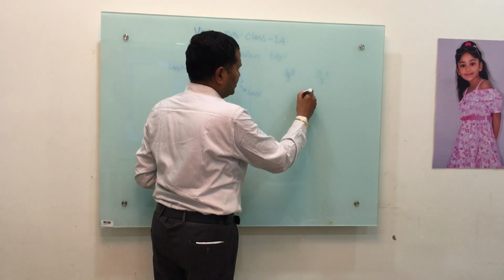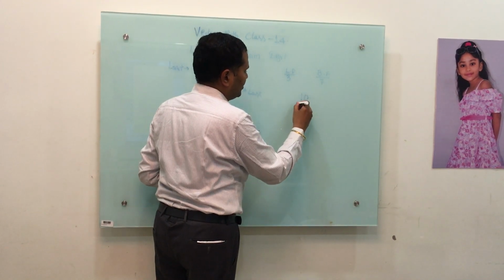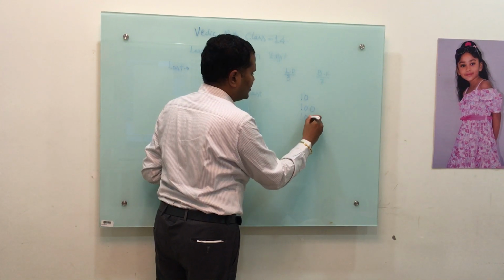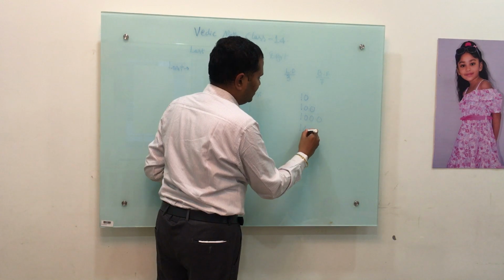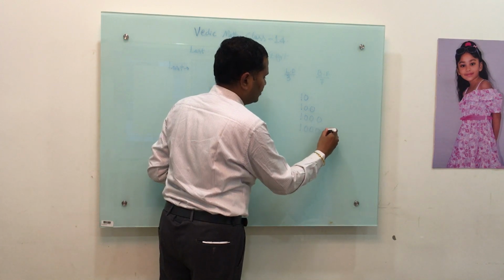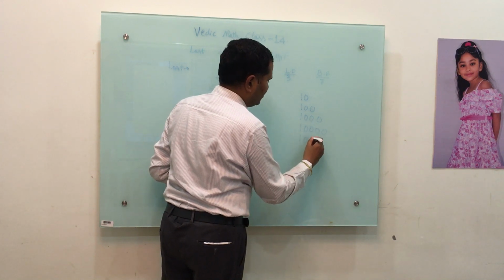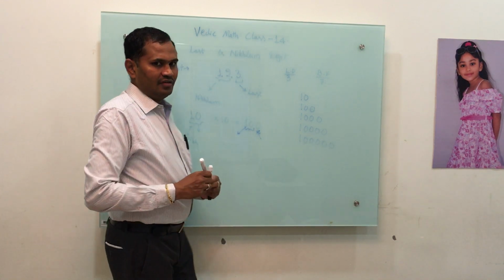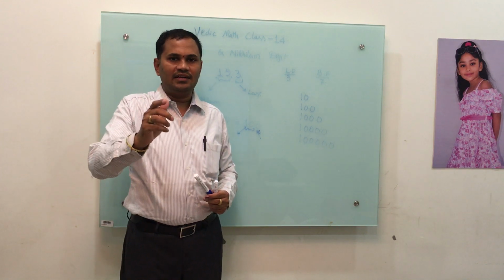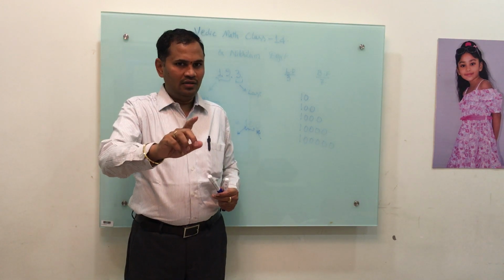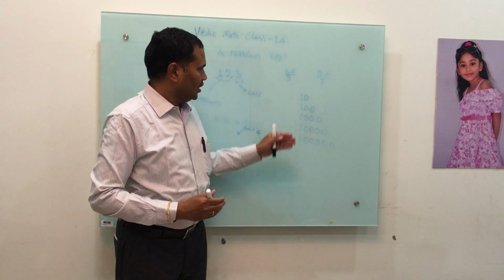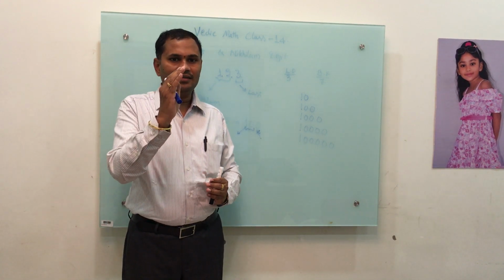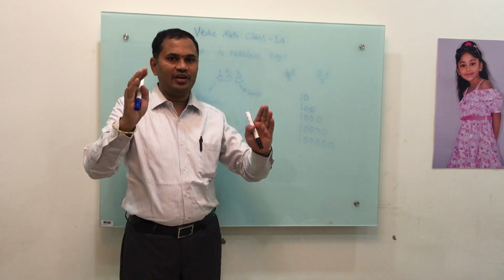Now let us write the numbers which are multiples of 10: 10, 100, 1000, 10,000, 1 lakh. These are all the multiples of 10 which have the digits as either 1 or 0. Multiples of 10 here does not mean the way you have understood it in general.